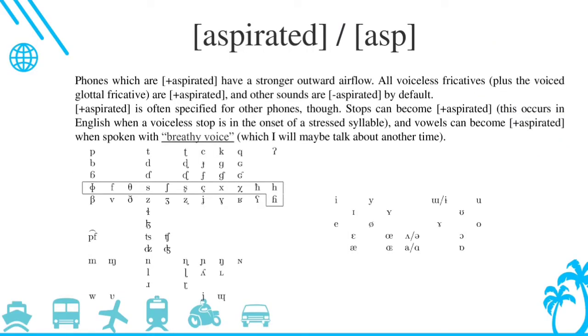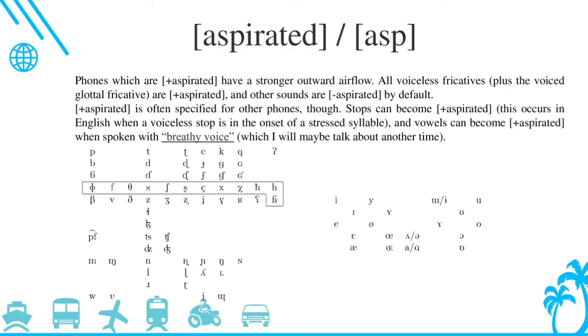Then aspirated. Phones which are plus aspirated have a stronger outward airflow. All voiceless fricatives plus the voiceless glottal fricative are plus aspirated, and other sounds are minus aspirated by default.